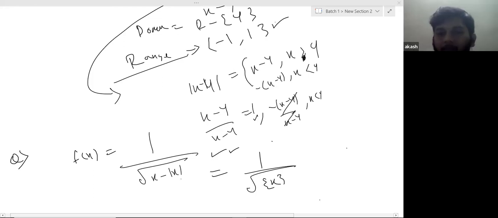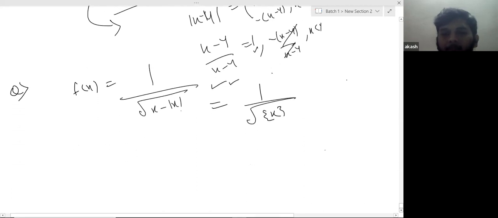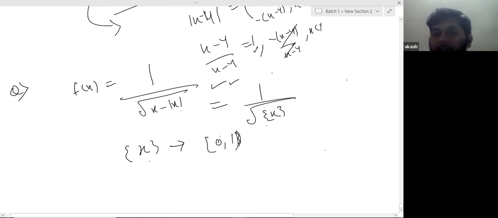Yeah, see, domain, we know that fractional part gives us value from 0 to 1, right? It gives us 0 when you put integers, so we cannot put integers in here, because the fractional part will output 0, and we don't want 0 in our denominator. So domain would be R minus the set of integers. Is this clear?